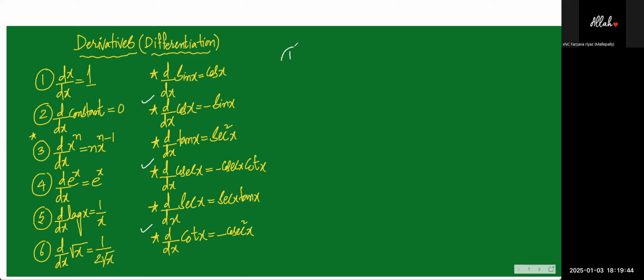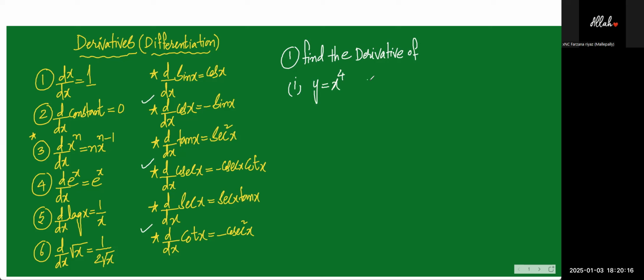Question number one: find the derivative of the following. The first one I am taking, y is equal to, very simple, let me take your example only, x to the power 4.